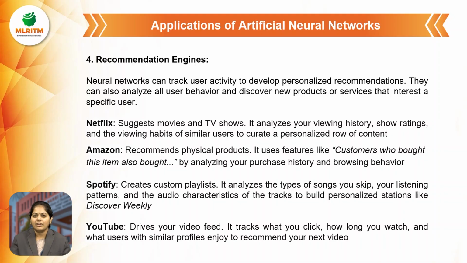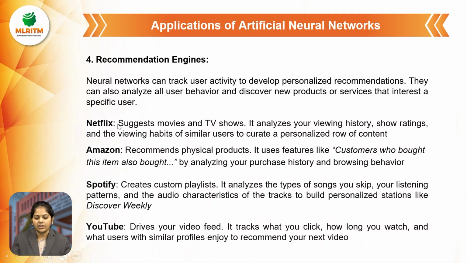So whenever I close the application and reopen it, it will definitely show the watch history over the home page. So this is how individual information will get personalized over there. Okay. So these are the things that can be done with the help of artificial neural networks. Each and every individual's data will get stored in the application, and whenever we open that particular application, it will give similar kinds of information.